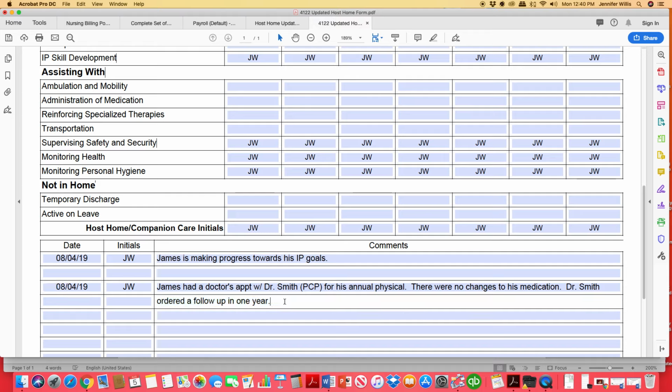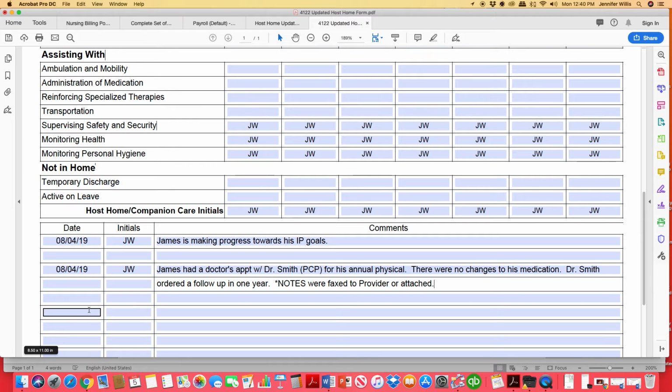And so you would just indicate this, and then you might want to put a note, say notes were faxed to us as your provider, or notes were attached. Maybe you will attach those notes.